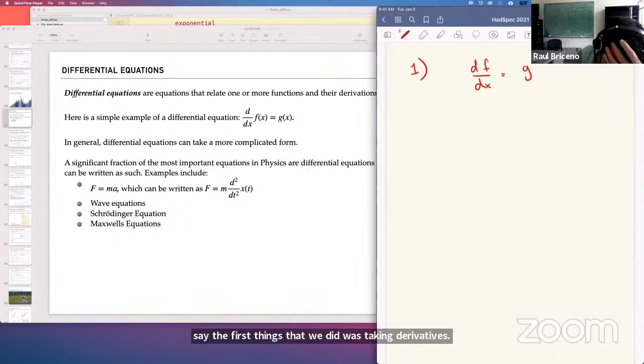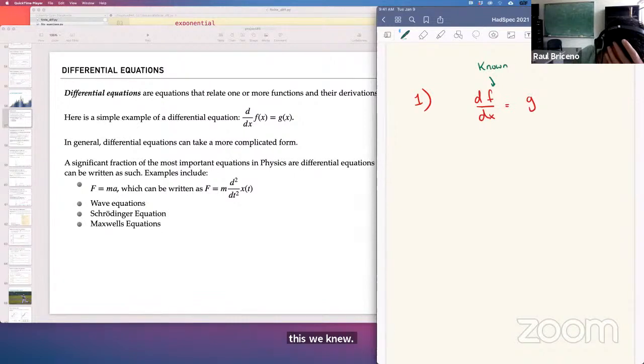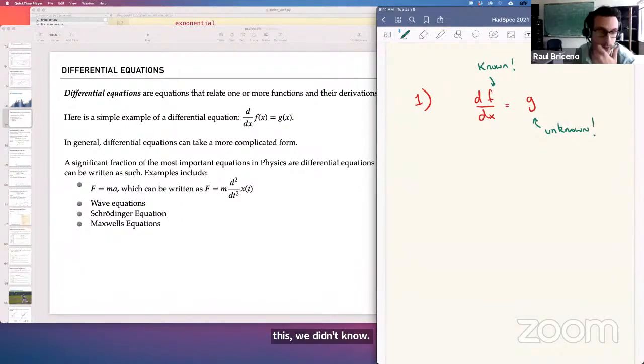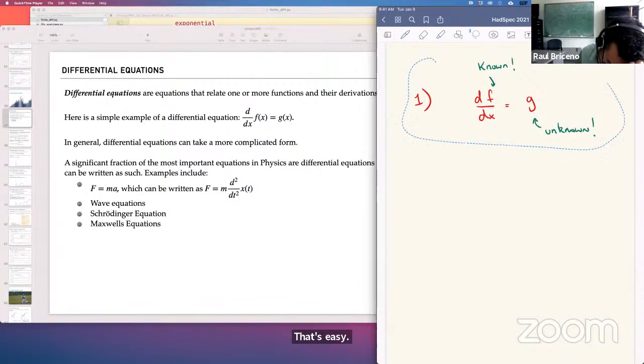Okay, so we had this we knew. This we didn't know. Right? That's what we were doing before. So you give me some function and I take the derivative, right? Straightforward. That's easy. And I can take as many derivatives as I want. Very good.